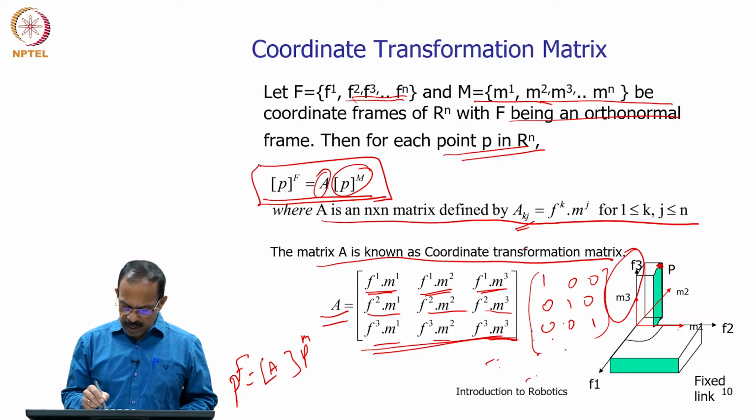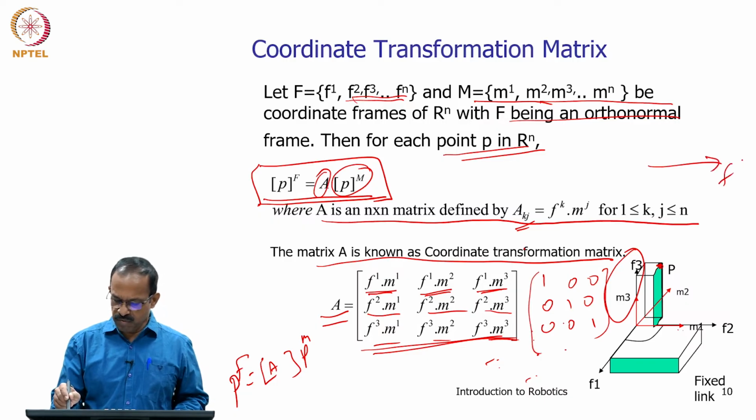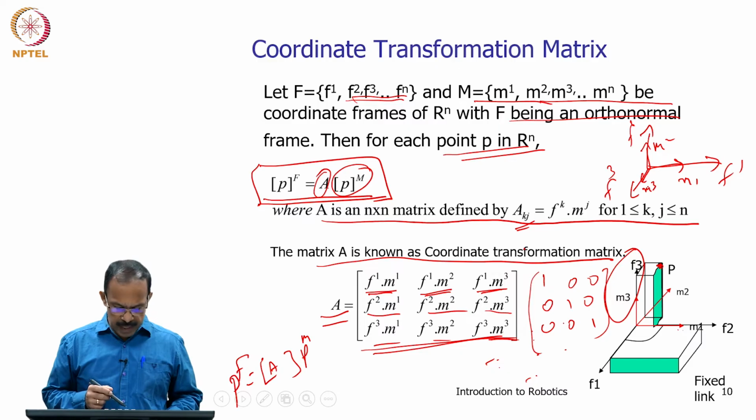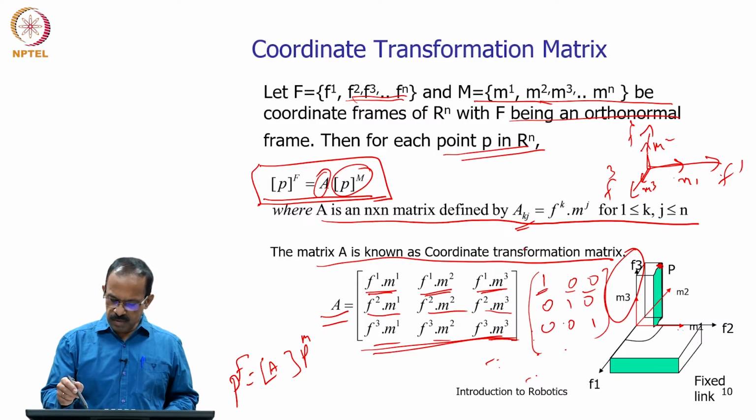If F and M are aligned, for example, if this is F1, F2 and F3 and this is M1, M2 and M3, then if F1 is aligned with M1, F1 dot M1 will be 1, F1 dot M2 will be 0, F1 dot M3 will be 0. Similarly, F2 dot M2 will be 1, F3 dot M3 will be 1.